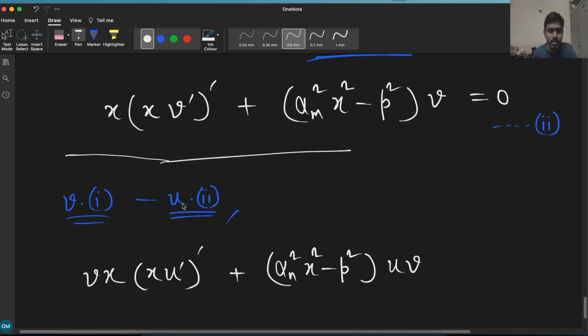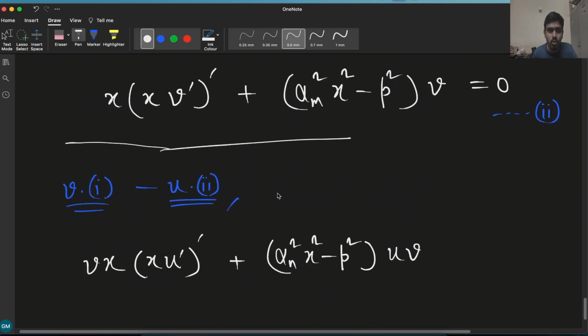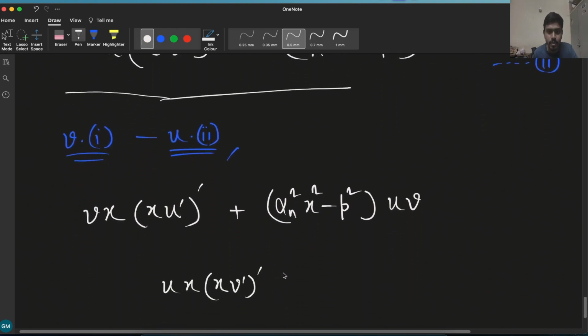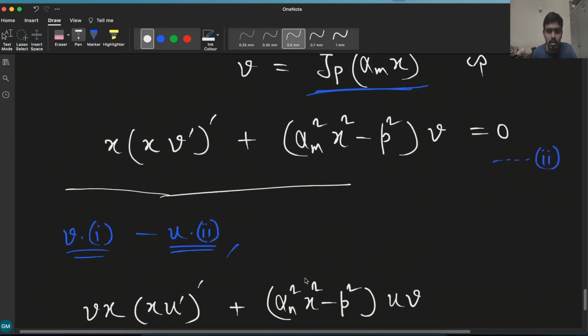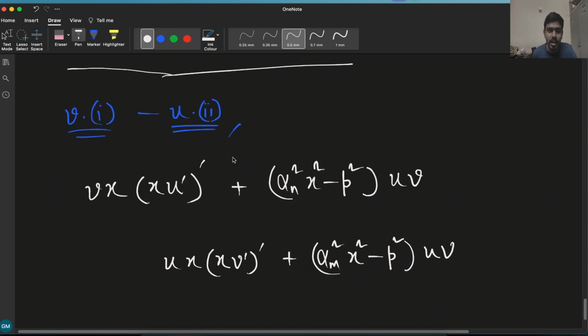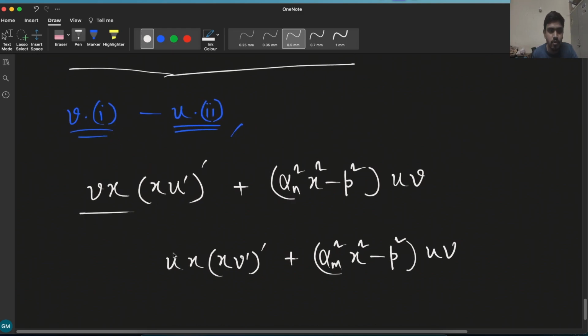and then I need to multiply this u with equation 2, that will be u times x (x v dash) whole dash plus (alpha m square x square minus p square) times u v, and I need to subtract this from this. So then I should write a minus sign here, and I should write a minus sign here.